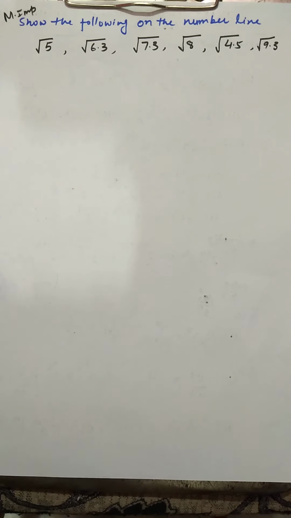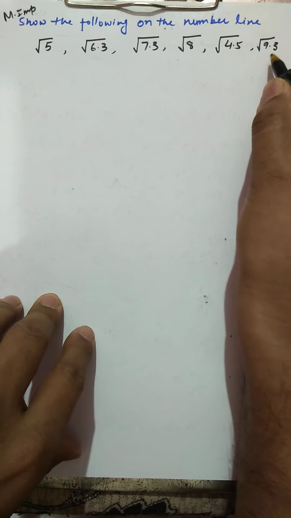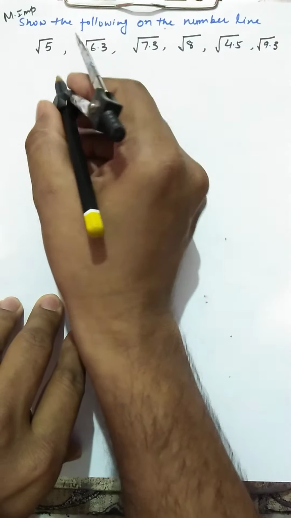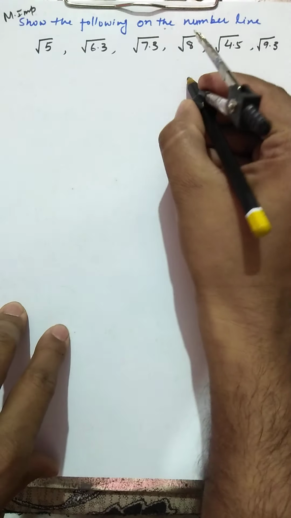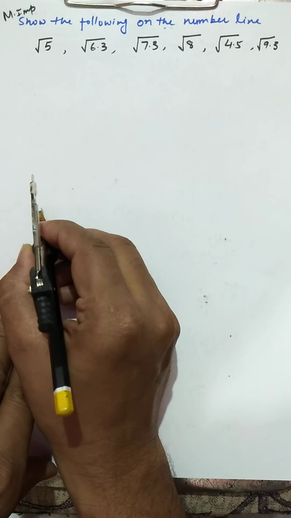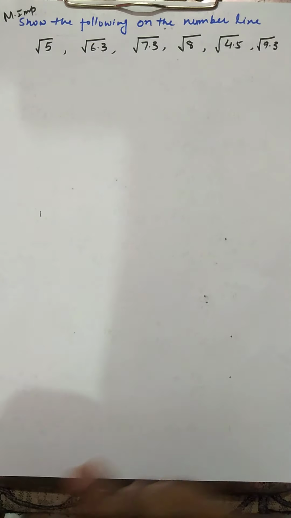After that we'll discuss how that method has come and why we are using that method to find these numbers on the number line. So let's start. I am taking the example of 9.3. Side by side I'll keep writing the steps also. I'm using my black pen for writing this.